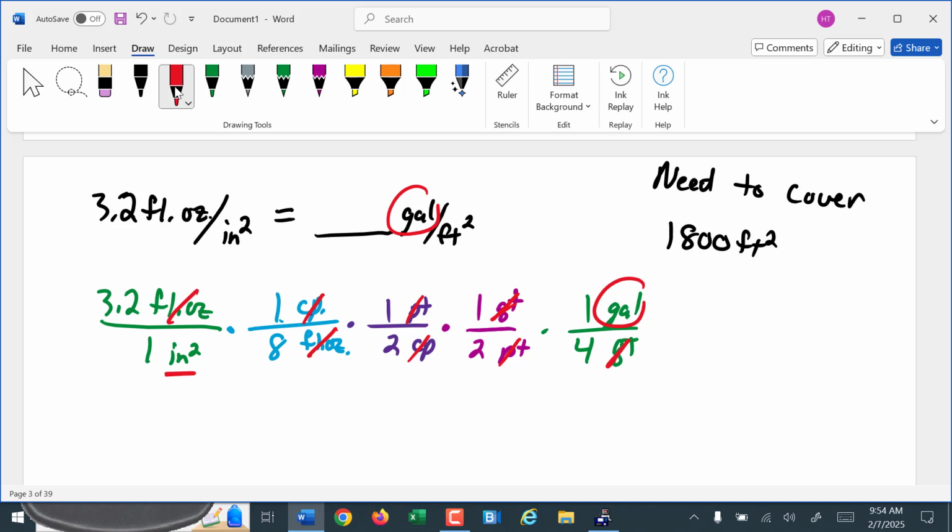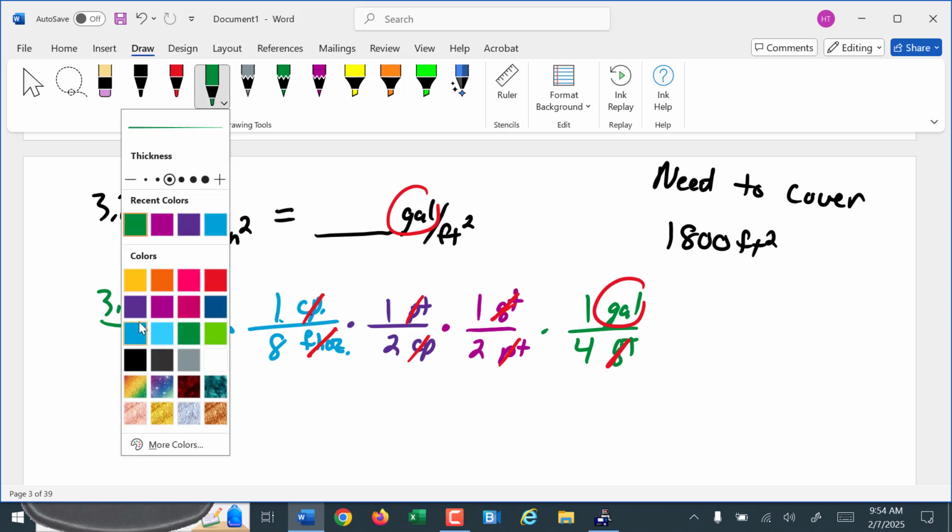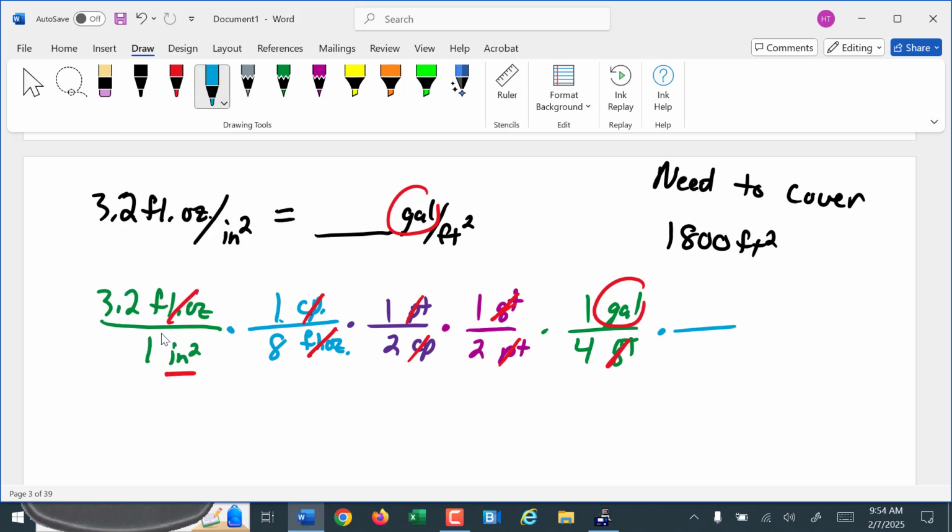We need to get our square inches into square feet. Square inches are on bottom, so we put them on top to get rid of them. Square feet on bottom. 1 square foot's how many square inches? So it'll be the same concept, 1 foot by 1 foot. 12 by 12 is 144. You got it. So the square inches have canceled out.